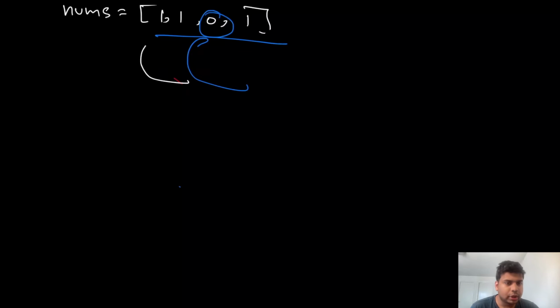They have told you can delete one element. So if you delete this element, what is the size of the window? The window will become consecutive, 1 1 1, so the answer will be 3, because 3 is the length of this window.